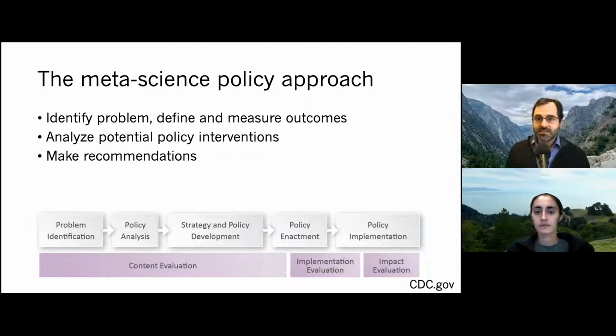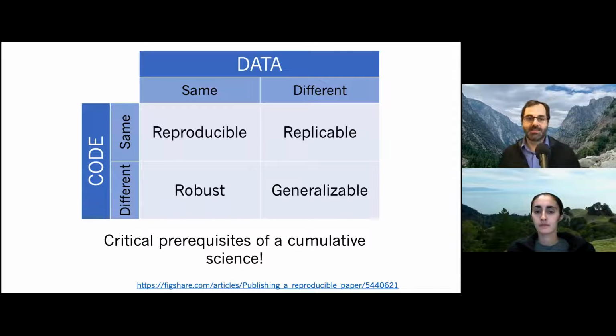So to illustrate this, I want to start with a well-studied example in the policy metascience ecosystem that you probably are familiar with. But it does nicely illustrate the basic issues that people have grappled with in this space. So some terminological definitions here. There's a lot of confusion around terms like reproducibility and replicability.